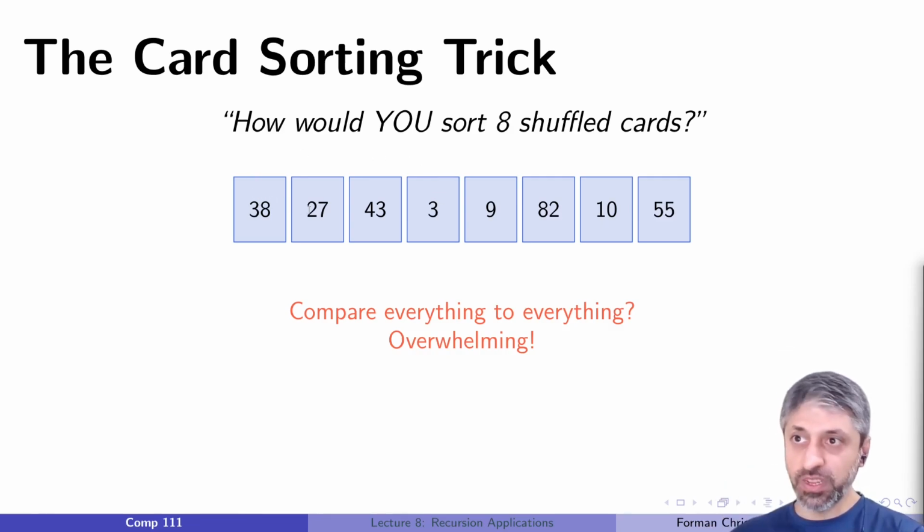Then you go to the next item, compare it with all the other items, find the next smallest one, and put it in the second place, and then search for the next smallest one and put it in the third place, and so on. If you keep doing that, you'll get a sorted list. So basically, this is comparing everything with everything else. A pretty inefficient n squared algorithm. This is not what we are looking for.